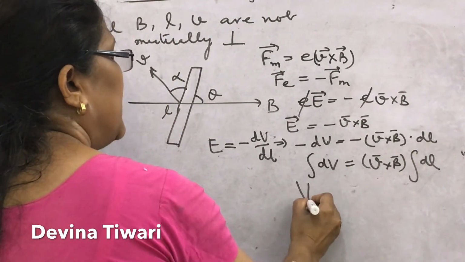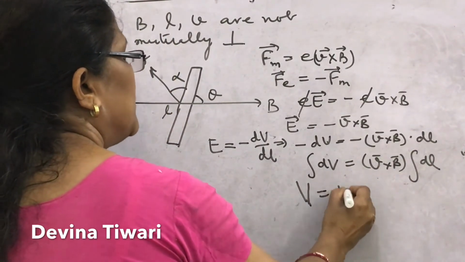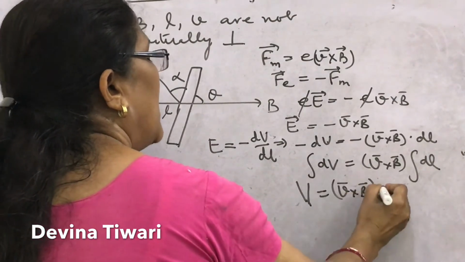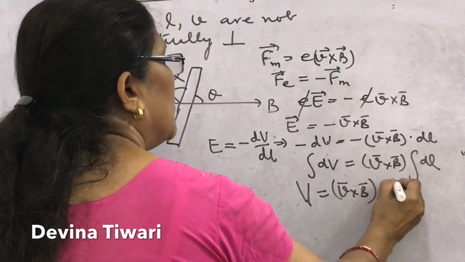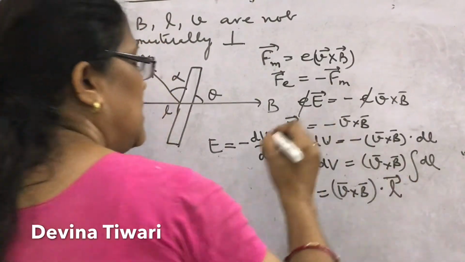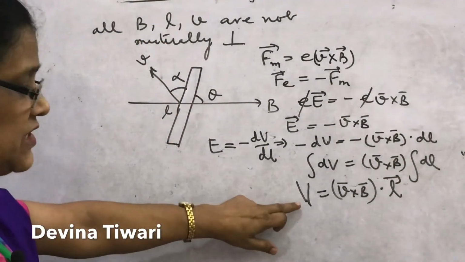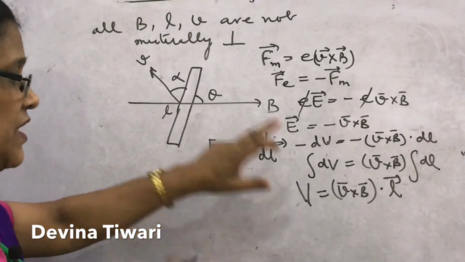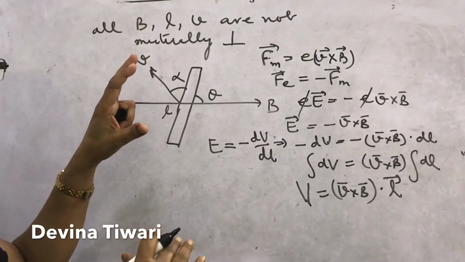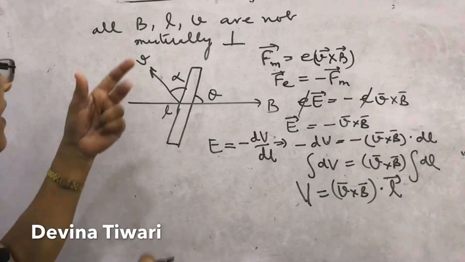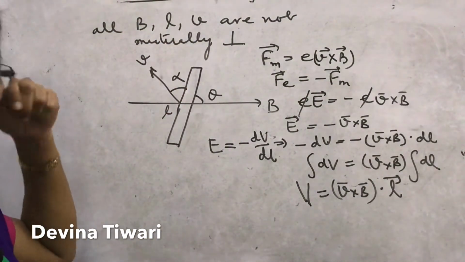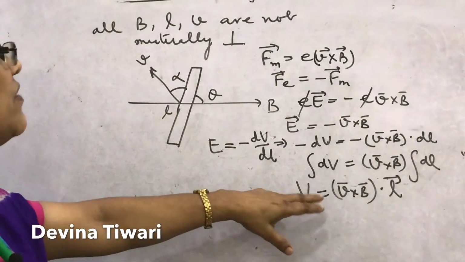Finally you will get V equal to V cross B vector dot L. Look here, this is the general expression. With this general expression, any type of question can be solved, even when B, L, V are not mutually perpendicular. Whatever angle is given, you can find it.